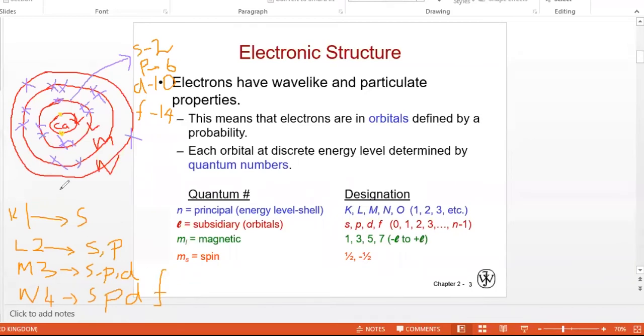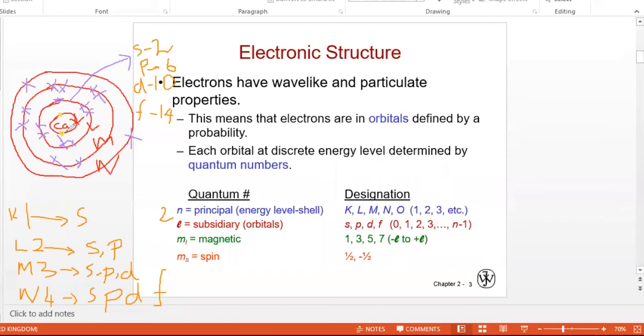So what I'm trying to say is, if you consider the K orbit, the maximum is 2 electrons. Why? We can have only s, and s means 2 electrons, totally 2 electrons. This is our first orbit.